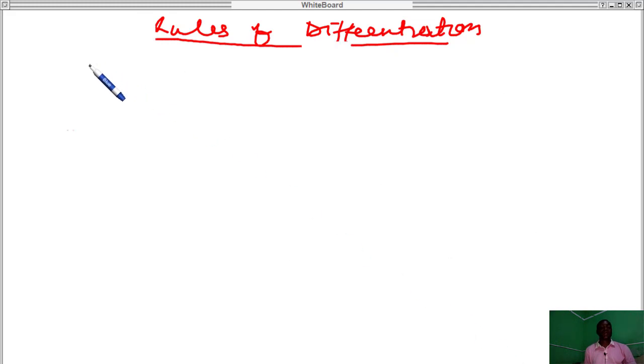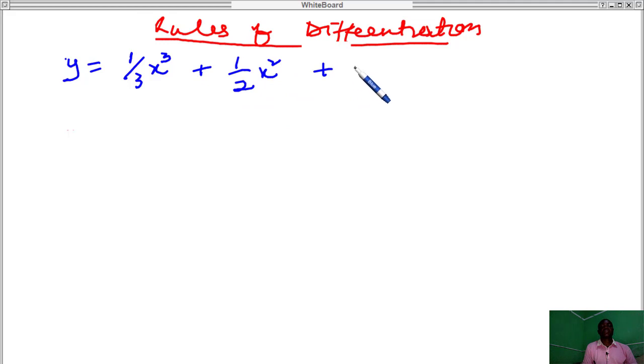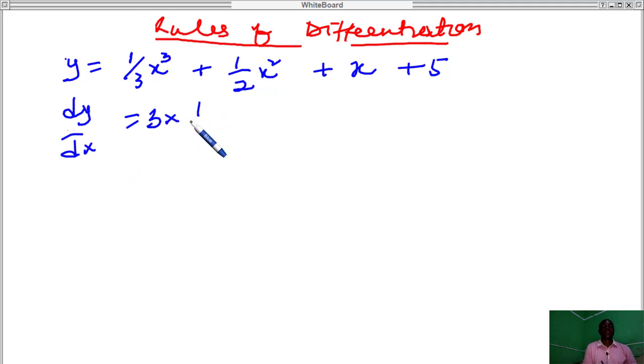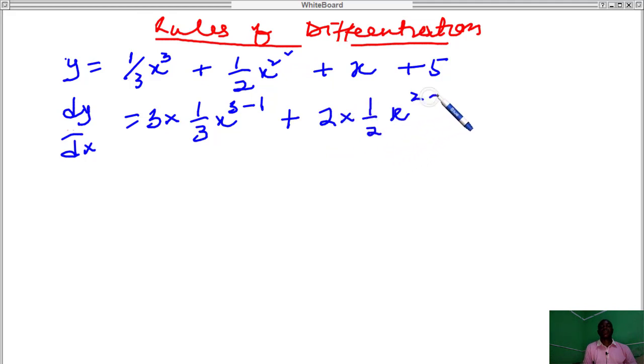So let's take another example. This one we are looking at fractions. When you have y is equal to 1 over 3 x cubed plus 1 over 2 x squared plus x plus 5, we have to differentiate. So dy/dx, where the power is 3, so 3 times 1 over 3 x to the power 3 minus 1, plus this one, where the power is 2, so 2 times 1 over 2 x to the power 2 minus 1.